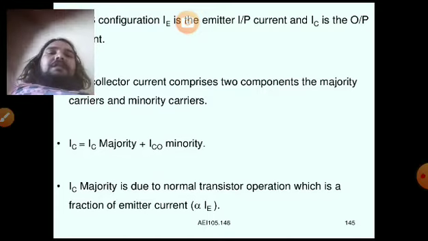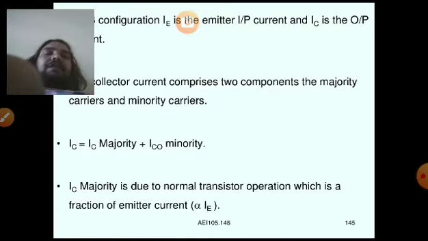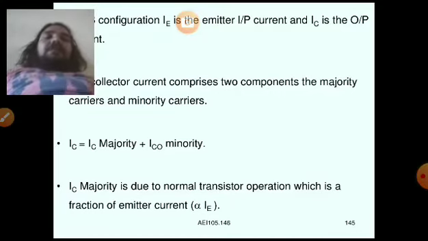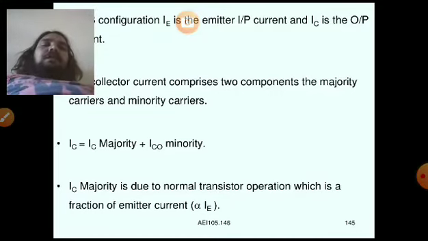That is, the collector current IC is equal to IC majority plus ICO minority. That is the output current: IC is equal to IC majority plus ICO minority.